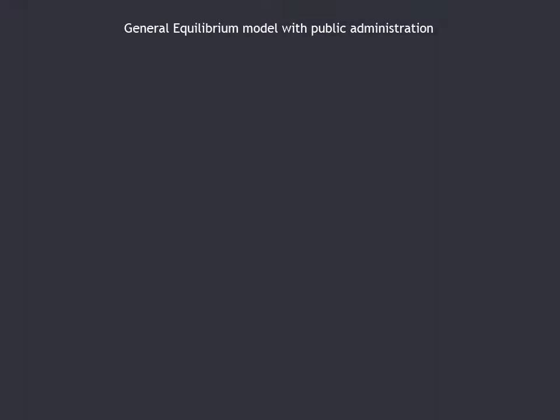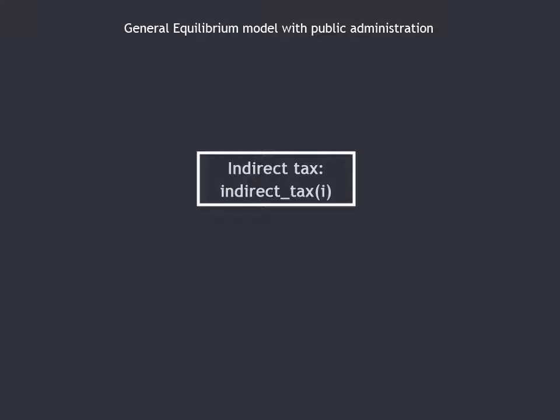Let us now introduce indirect taxation, that is to say a tax on consumption, which is in fact paid on the sale of goods and services. And so firms collect this tax when they sell goods and services. It means that they add the taxation, and it increases the price paid by consumers, and once the firm has collected this taxation, it gives it to the public administration.